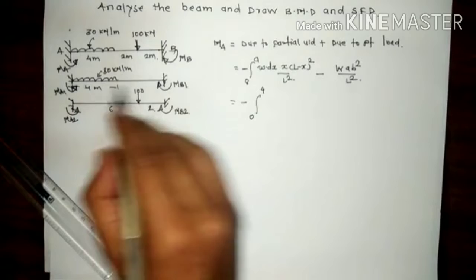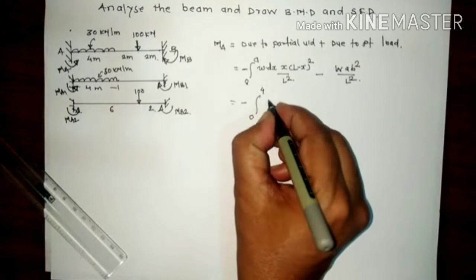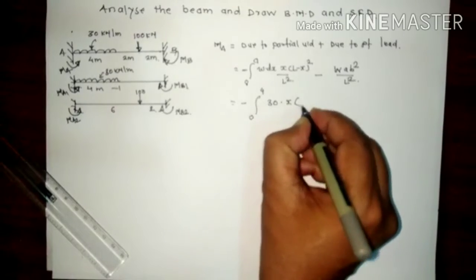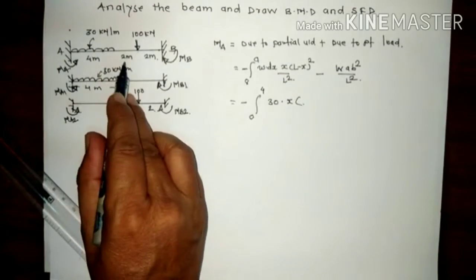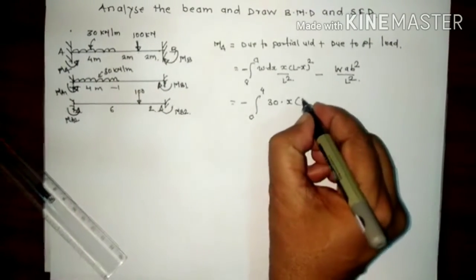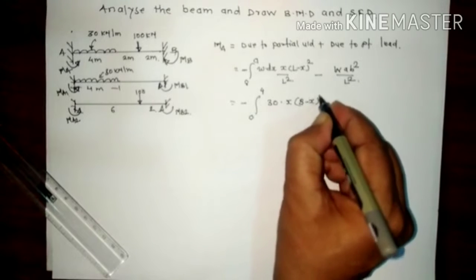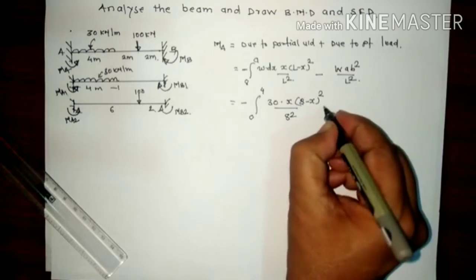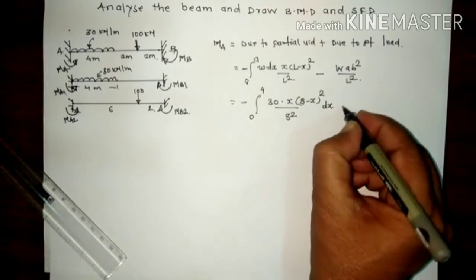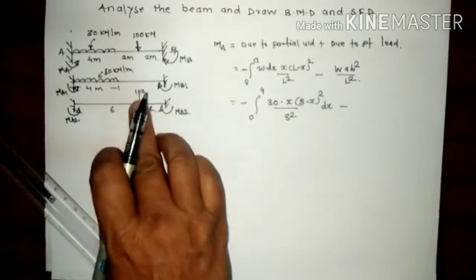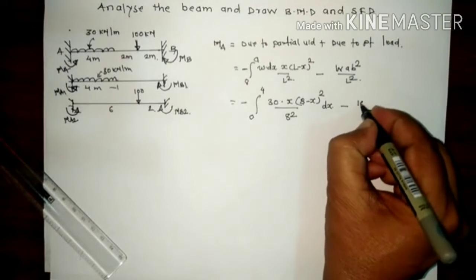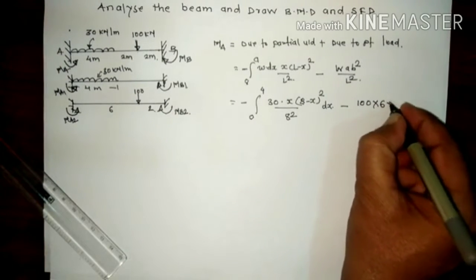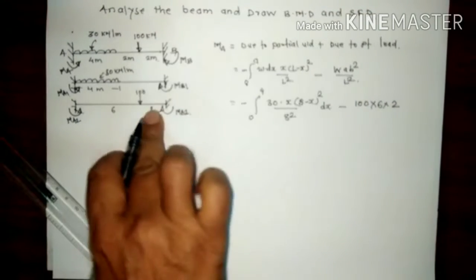Now W is how much, it is 30. So 30 into x into L, which is 4 plus 2, 6 plus 2, 8. So (8 minus x) square divided by 8 square into dx, minus, for this W is 100, A is 6 and B is 2 meter.